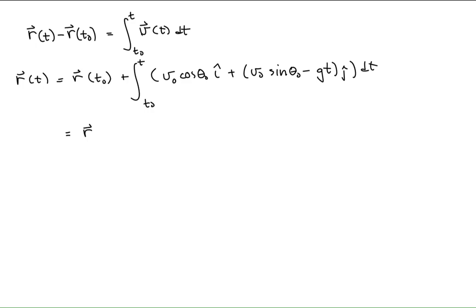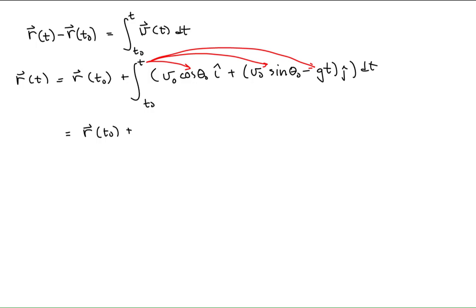So our initial position plus, and let's distribute this integral through. So we're going to integrate three terms. One term for the x component and two terms in the y component.